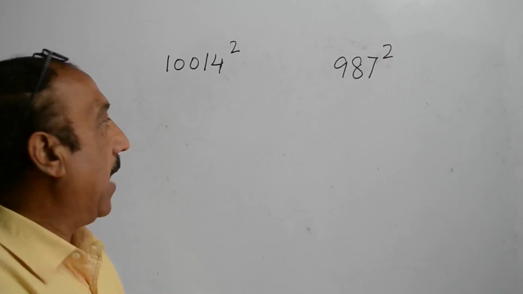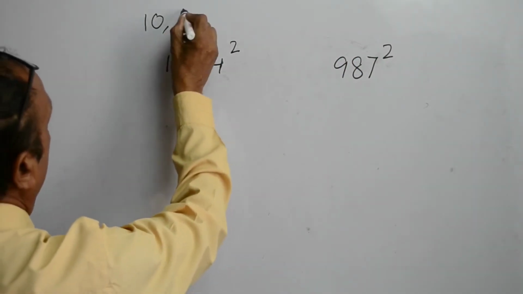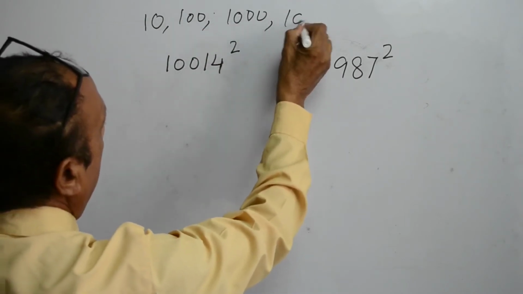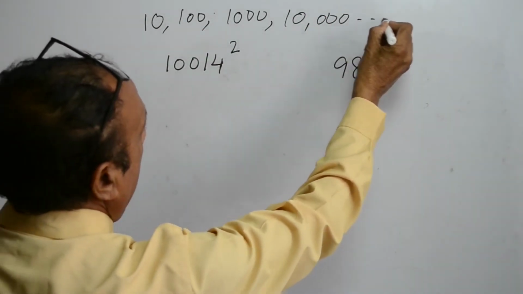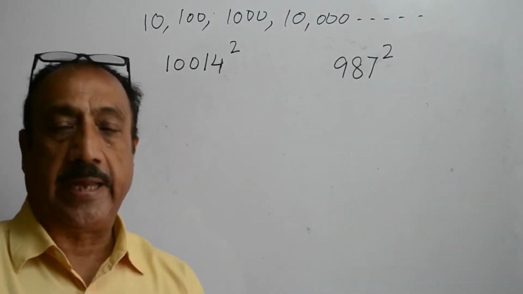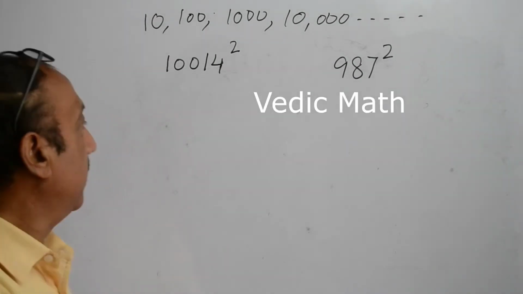If the numbers are near the base of 10, 100, 1000, 10,000 and so on, then it is very easy to take the square of such numbers with the help of Vedic math.